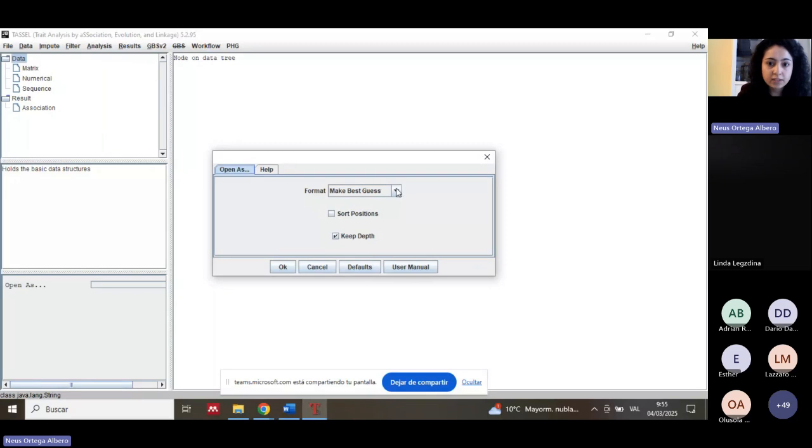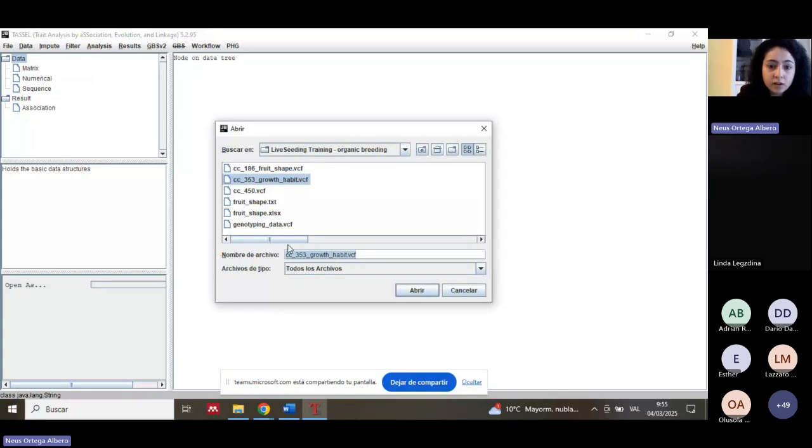So open as, file, open as, and we search for phenotype, okay? And we open our phenotype. In this case it will be fruitshape.txt.